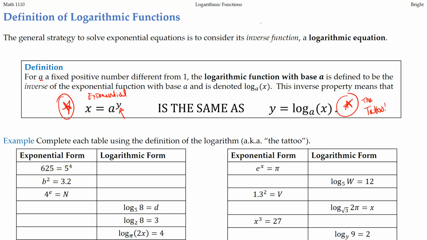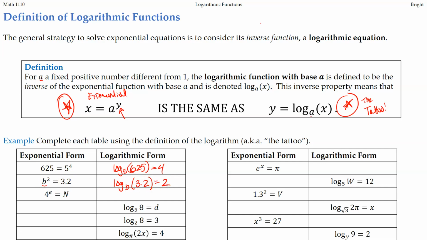If we were to write that as a log, the base of the exponent is the base of the log, so it would be log base 5 of 625 is equal to 4. And similarly, b squared equals 3.2: this is just going to be log base b, the base of the exponent, of 3.2 is equal to 2.